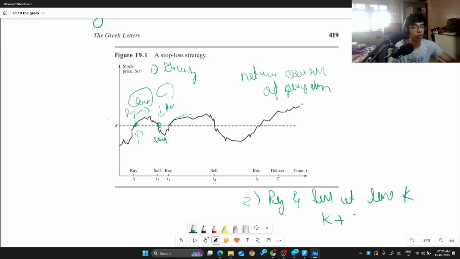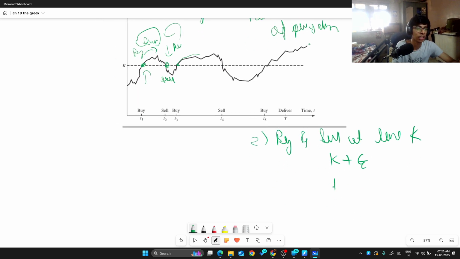There is a very small error term: you have to buy above the strike price and sell below it. So there is a cost involved in hedging, in buying and selling.